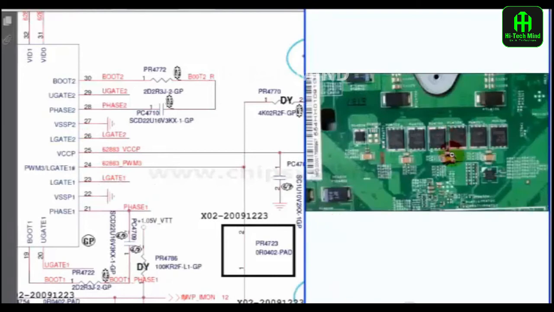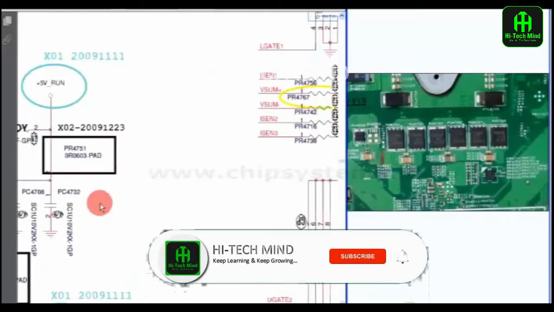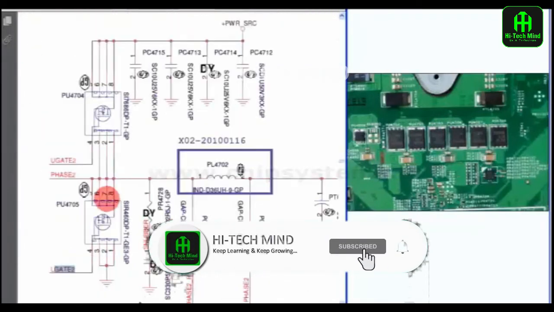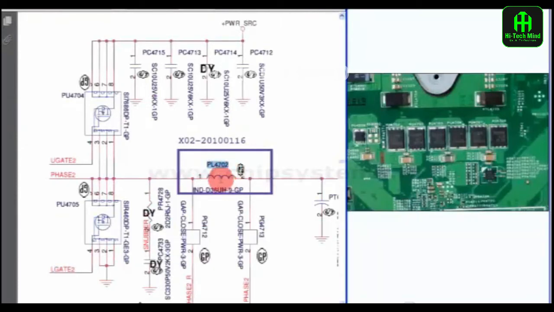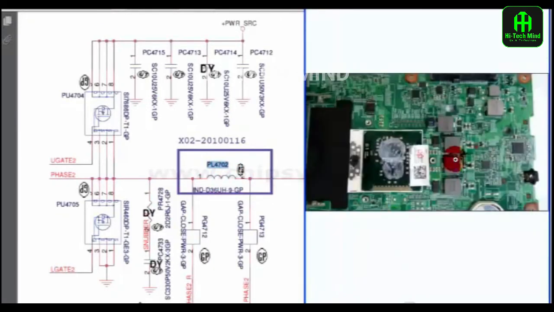This is the upper MOSFET PU4704, and its drain connects to the battery line. This is the lower MOSFET PU4705. This MOSFET drain connects to the output voltage coil PL4702. Look at the image. This is the PL4702 output voltage coil, phase 2.